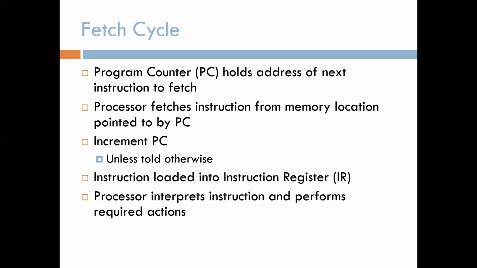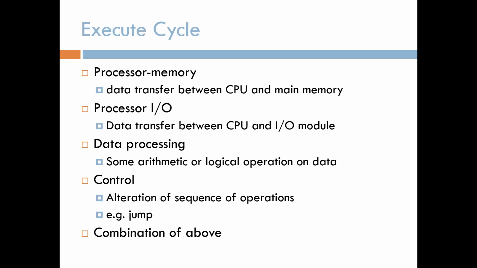The next part is the execute cycle. This is where we actually are doing the process. The execute cycle would do several things, and there would be communication among a lot of the other peripheral type components. For instance, we would need to do some processor-memory transfer, so data transfer between the CPU and the main memory.